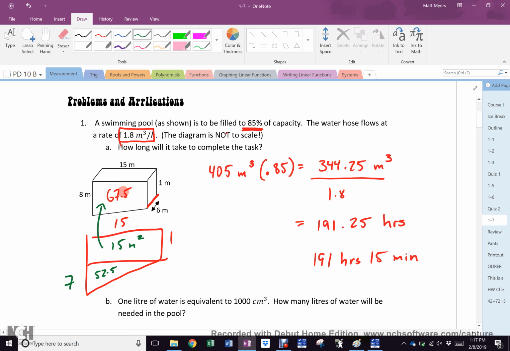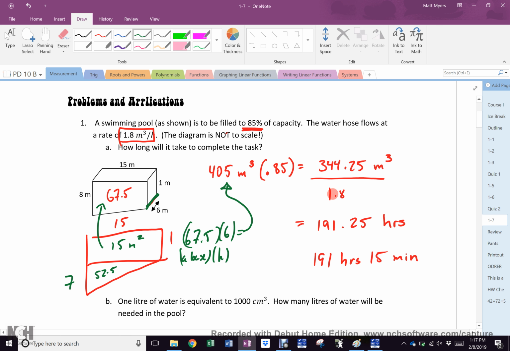That is the area of the base. I then multiplied the area of the base by the height, which is the direction it repeats, which was 6, to get 405. Once I have 405, I'm only filling it 85% full, so I multiply by 0.85 to get my answer.